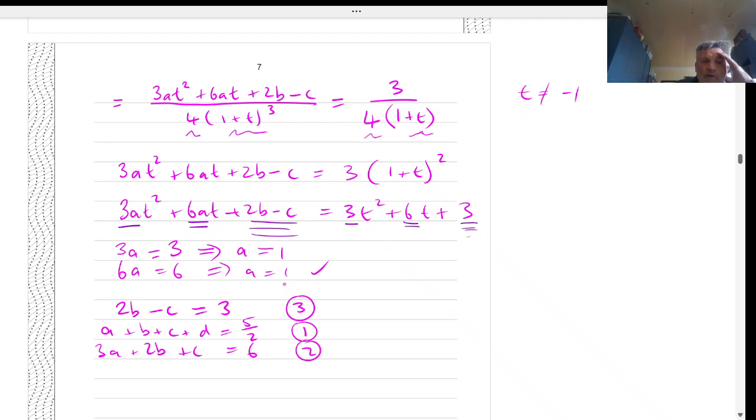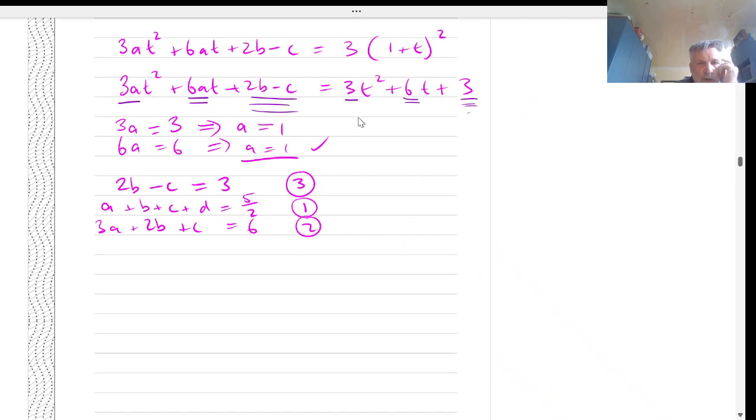So now we've got 3 equations, 4 unknowns. We've actually got 4 equations because we know that a equals 1. So that we can get rid of the a's in these last 2 equations and just have 3 equations, 3 unknowns. We should be able to solve those. Here, I notice immediately that if I've got minus c and plus c, if I add equations 3 and 2 together, I'm going to eliminate the c's.